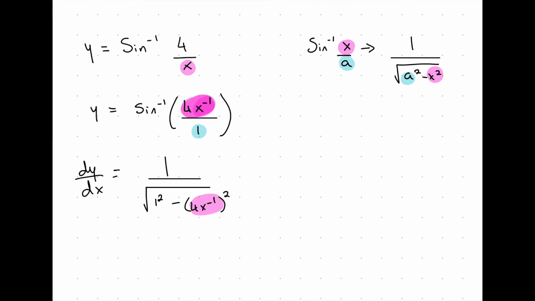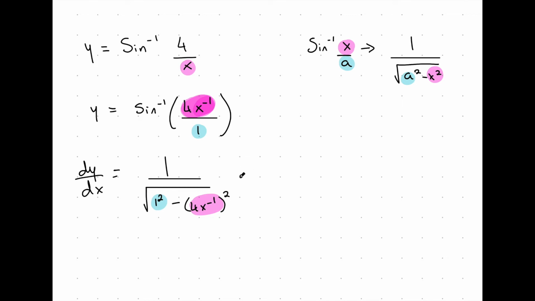So what I've done is I've used from page 25 of the log tables the formula out of the box. Now remember, anytime you take a formula out of that box, it must go with the chain rule. And if you're unsure why, look at the U substitution. Try it out the long way and you'll start to realize why all of those rules must go with the chain rule.